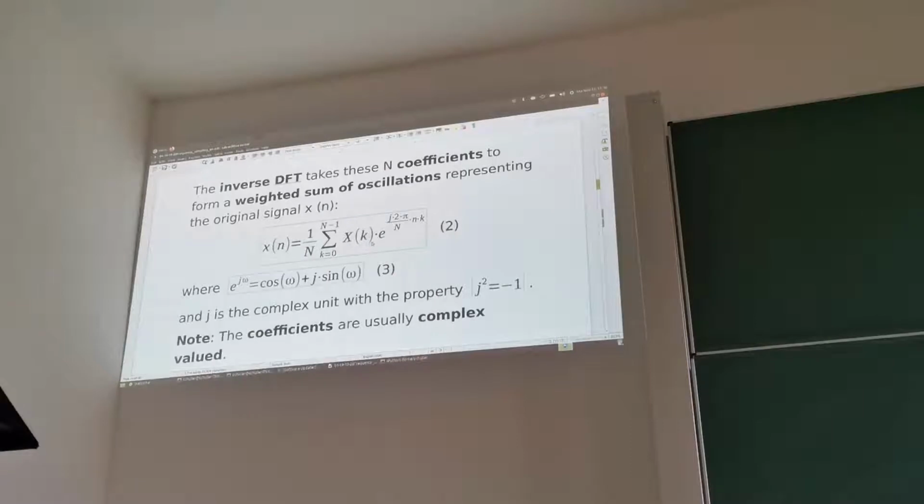Each coefficient is multiplied by its corresponding exponential frequency function, and then we sum up all those frequencies, with a factor of 1 over n in front. And remember that e to the j omega is, according to Euler, simply cosine of omega plus j sine of omega.